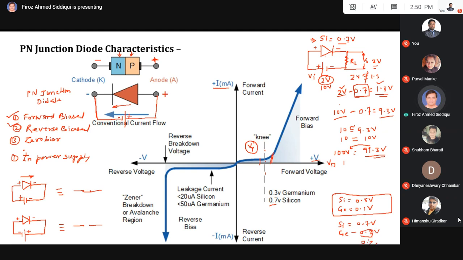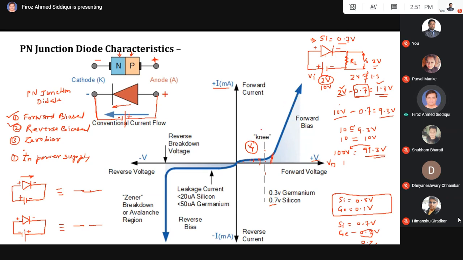So if you see the diode characteristic in this half, forward bias condition, when you increase the voltage, the current will be negligibly small across the diode because the diode has not yet started conducting. After this voltage, the diode will start conducting and current will increase rapidly.